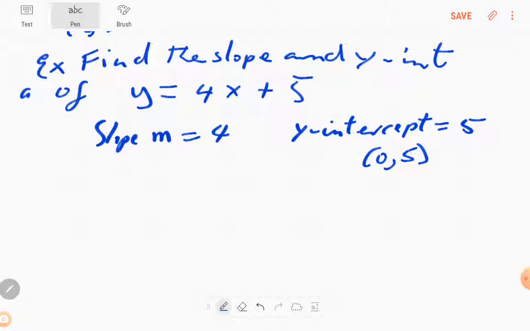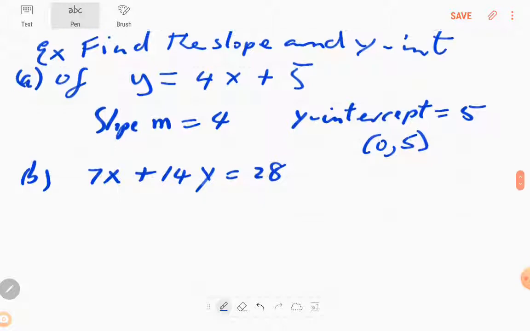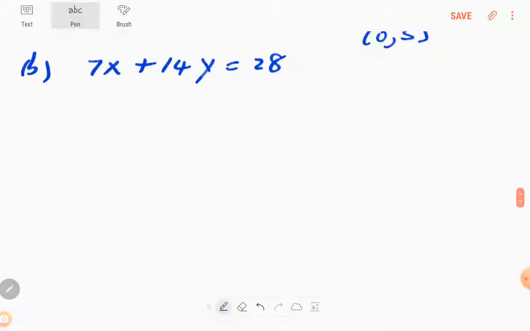So call this one part A, call this part B. Given an equation, suppose we're given an equation, say 7x plus 14y equal to 28, and we are asked to find the slope and y-intercept. So in this case, we'll have to solve for y.